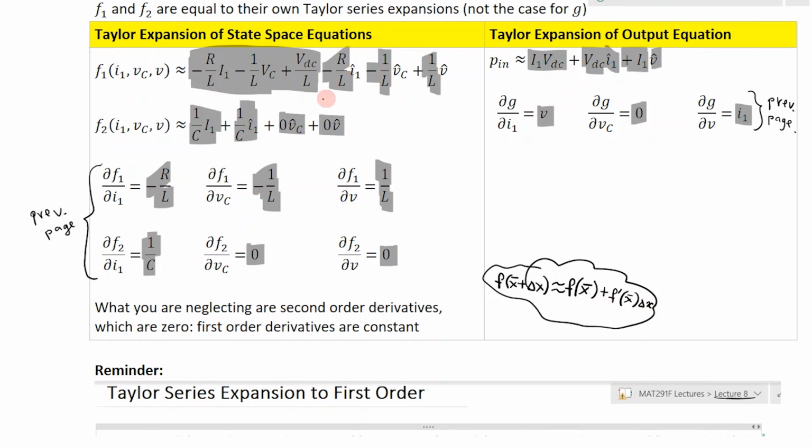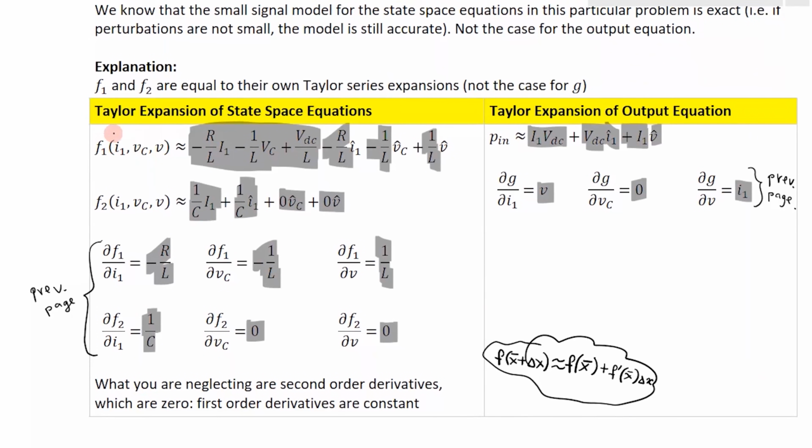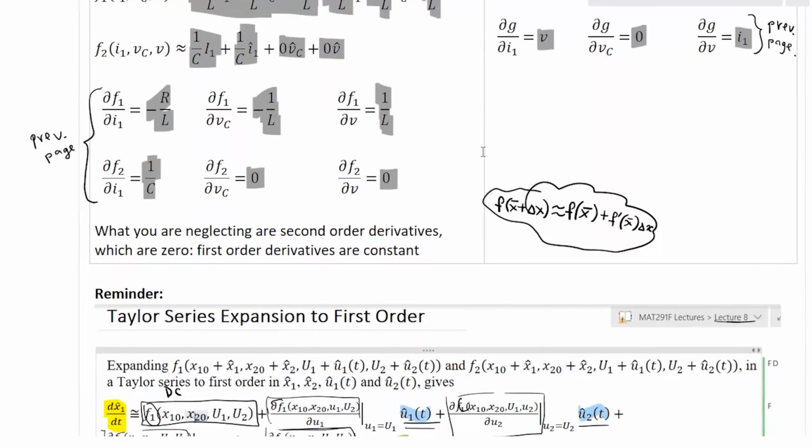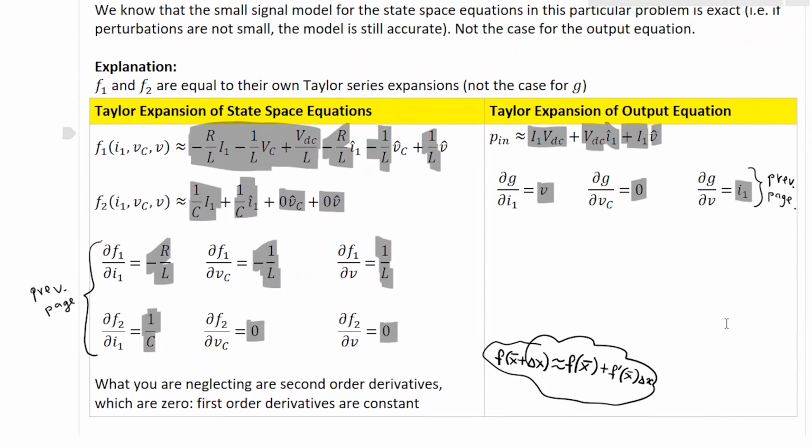That's essentially what I'm doing. I'm taking perturbation times derivative plus DC value. Okay, so, by the way, I said the DC value is 0, but that's only for these, not for this. This is not 0. Okay, now let's compare this to the F1 and F2 values.